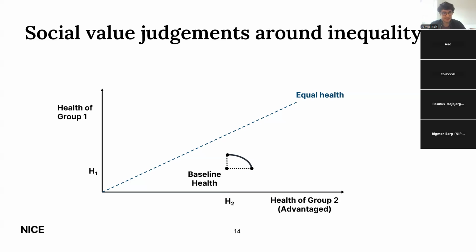If we were to maximize the value of H1 plus H2, then it would be tangential to this line here. So it would give you this point where the curve touches this line, which would be the maximization of H1 and H2 together. So that's the health maximizing thing. That's Bentham.